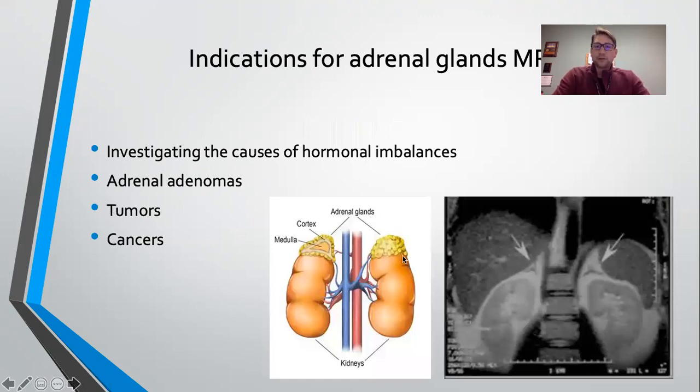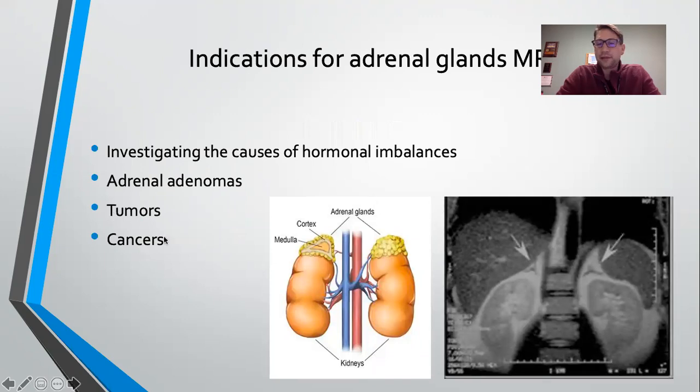All right, adrenal glands. So very, very small glands. So if you have any hormonal imbalances, that could be caused by some issues with your adrenals. And these glands sit right on top of your kidneys. We talked about adrenal adenomas, so fat within, it's kind of like a benign fatty tumor within the adrenal glands.